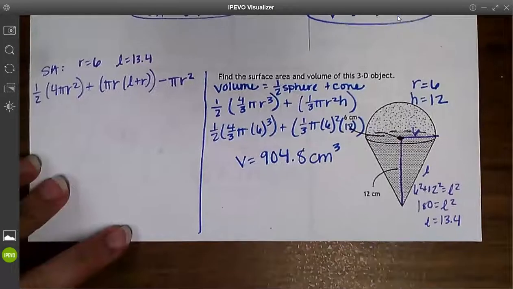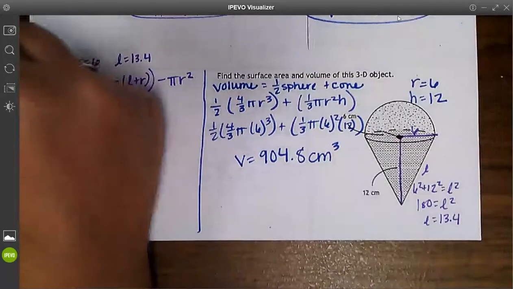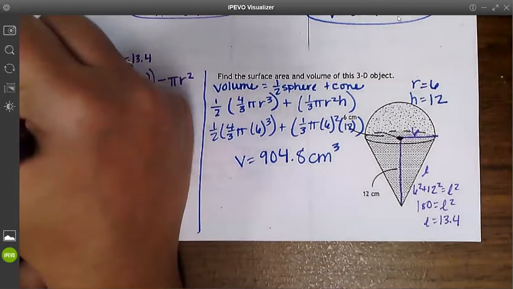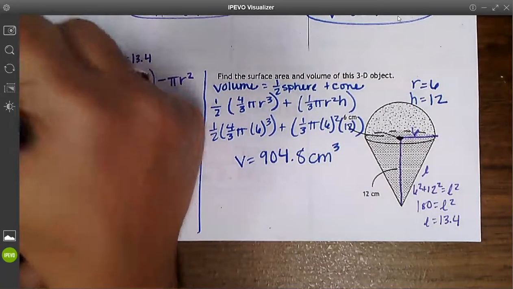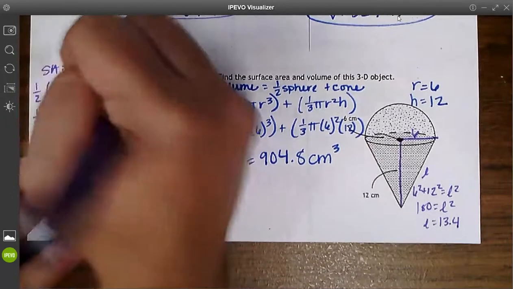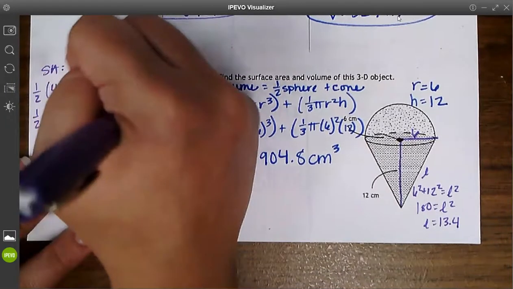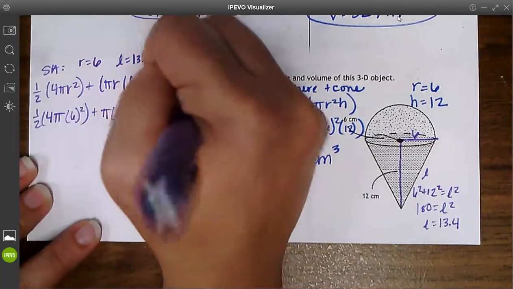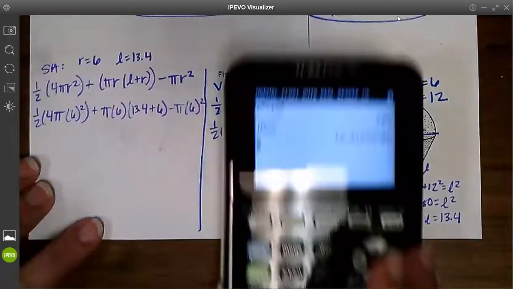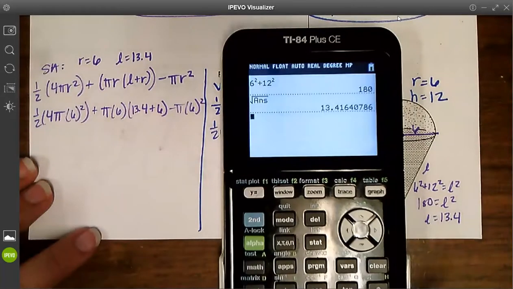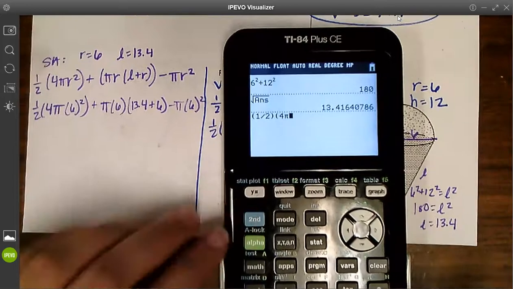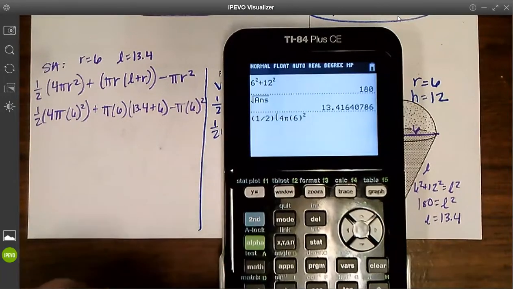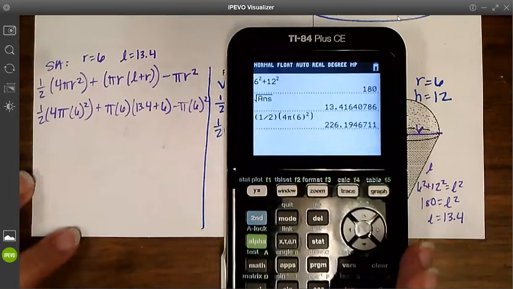So now I'm going to plug all of this into this formula. So I have 1/2 4 pi times 6 squared plus pi times 6 times 13.4 plus 6 minus pi times 6 squared. I'm going to do this in pieces. I have 1/2 4 pi times 6 squared, 226.2.